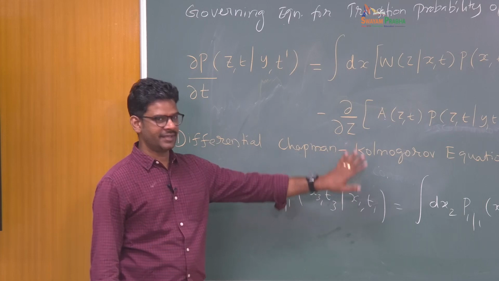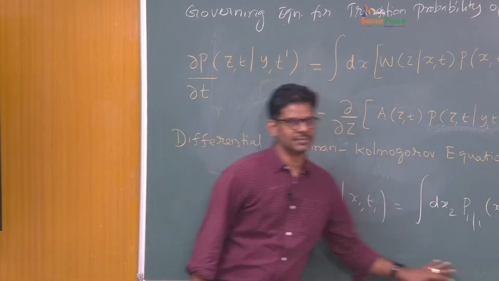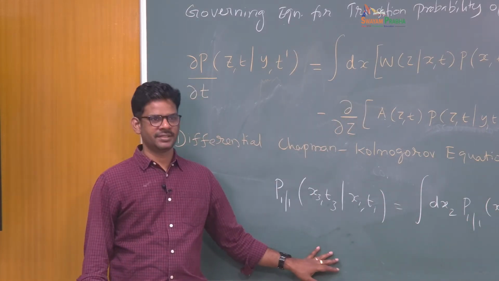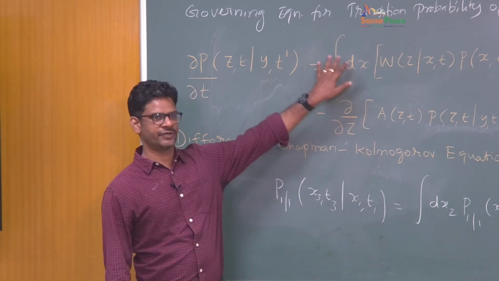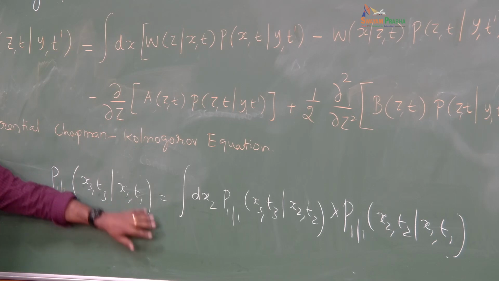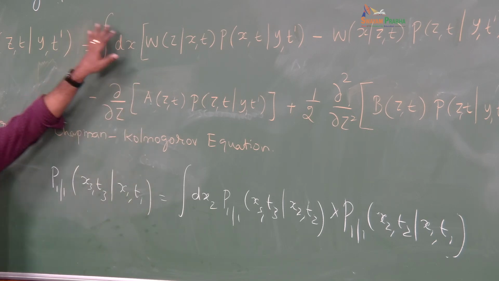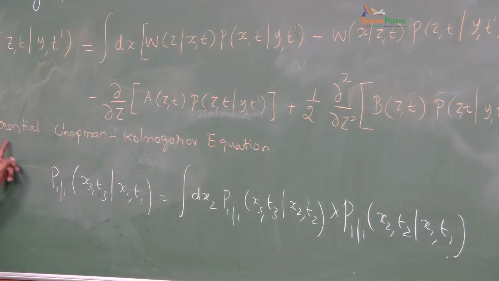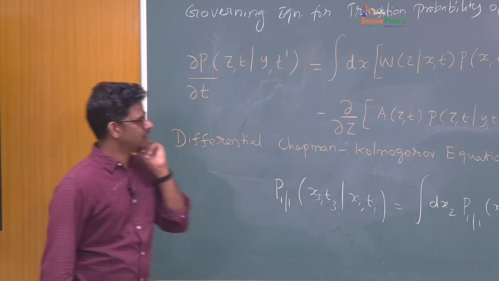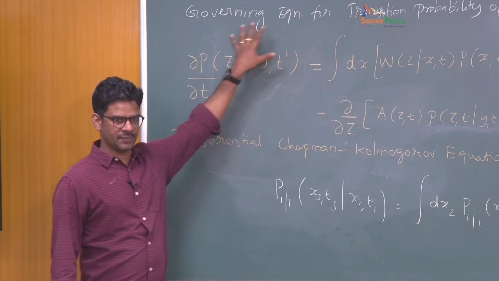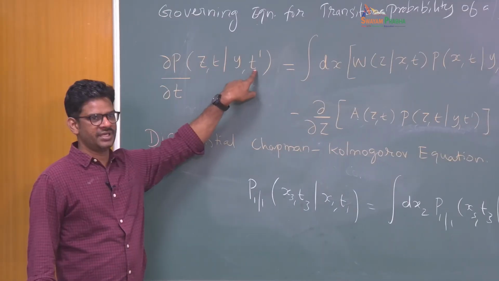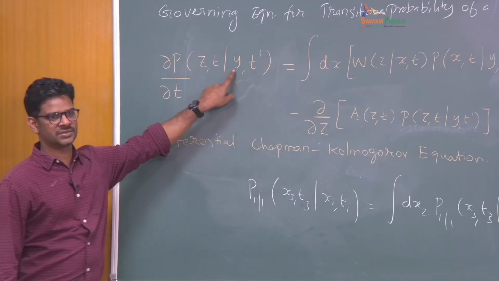Now what I have done is, through some algebraic maneuver, we have changed this equation into a differential form. When you go from here to here, you get what is called the differential Chapman-Kolmogorov equation. If you look at this, on the left hand side, we are talking about a conditional probability that at time t prime, the system was at y.